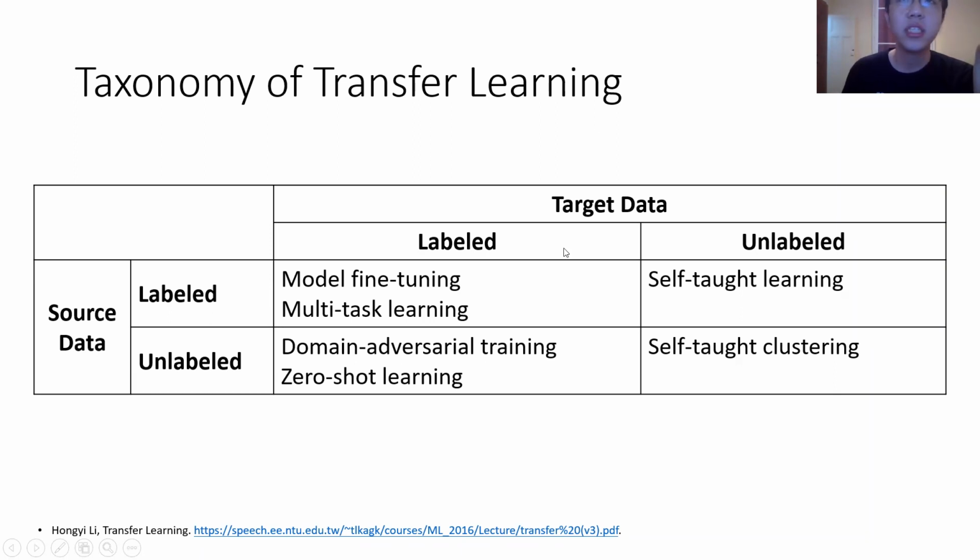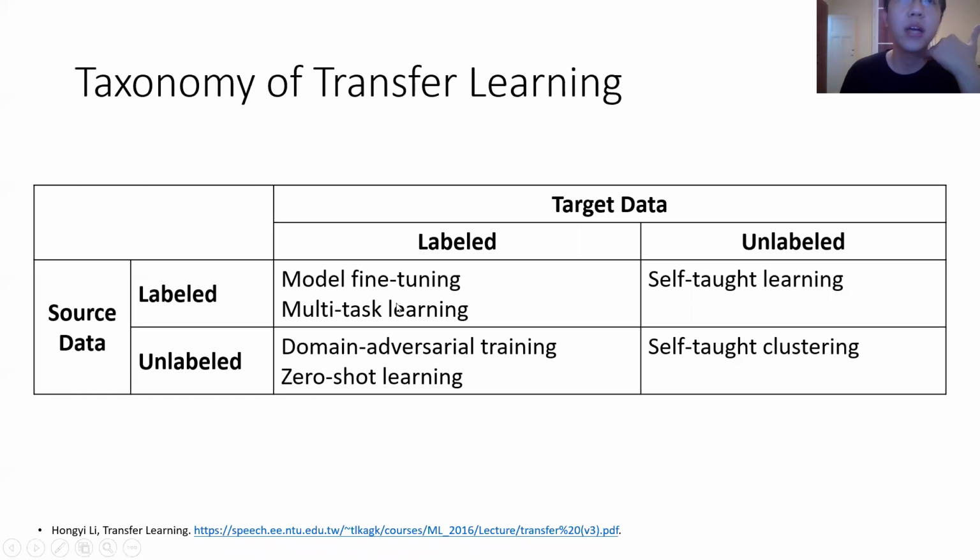Depending on whether the source data and the target data are labeled, we have these four broad types of transfer learning. If they are both labeled, the first type, which is transfer learning if you define it narrowly, means model fine-tuning. That is, you have a model, and when you are trying to adapt it to new data or a new task, you need to fine-tune its parameters to make the adaptation happen.